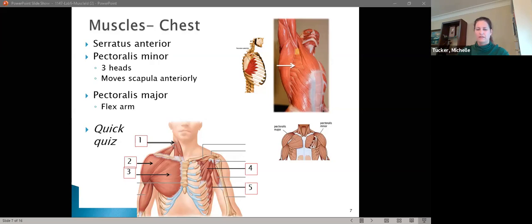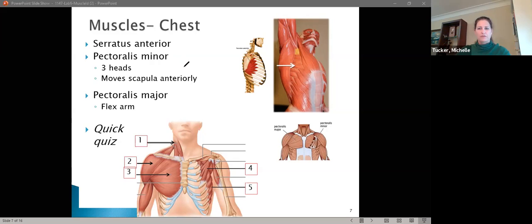When it contracts, it is going to flex the arm. It's going to move it forward. That's its primary movement. Some of these muscles will have secondary movements, and if they're not in your lab manual, they're probably not on the slide, but you may see a secondary movement if you were to Google it, and that's fine.